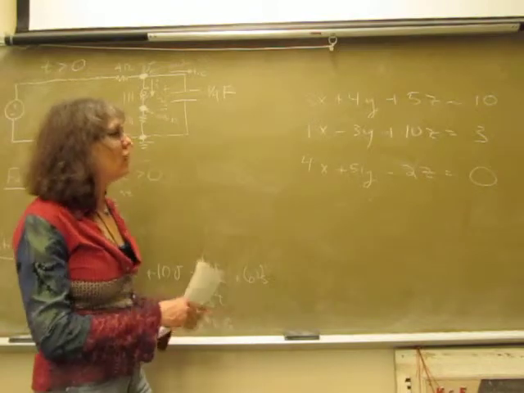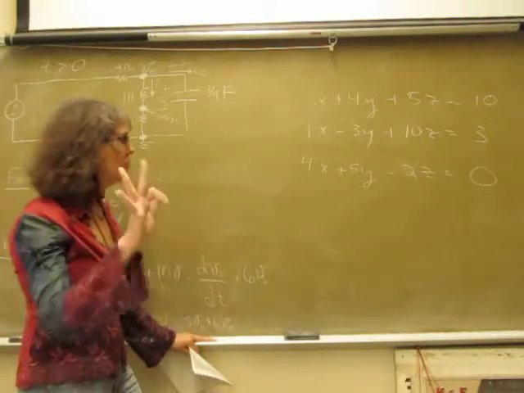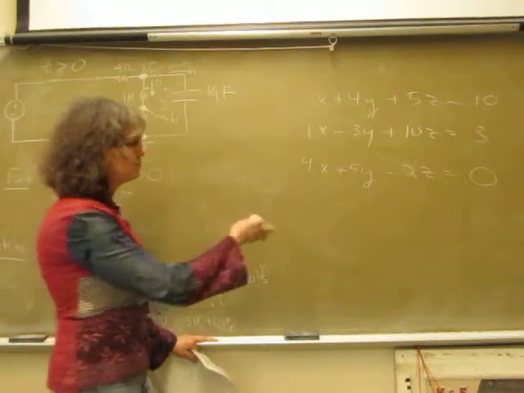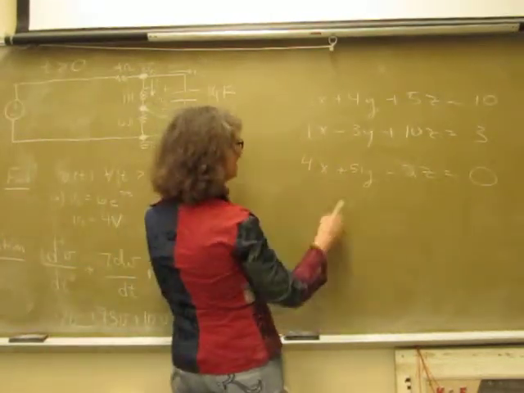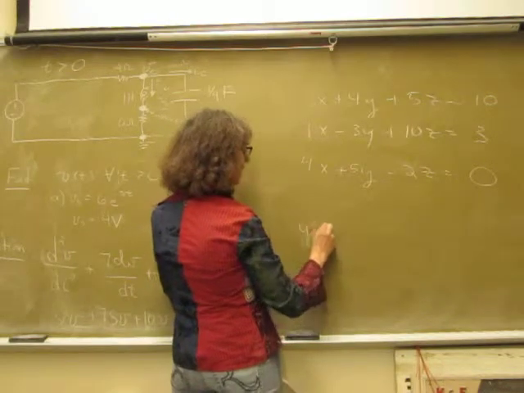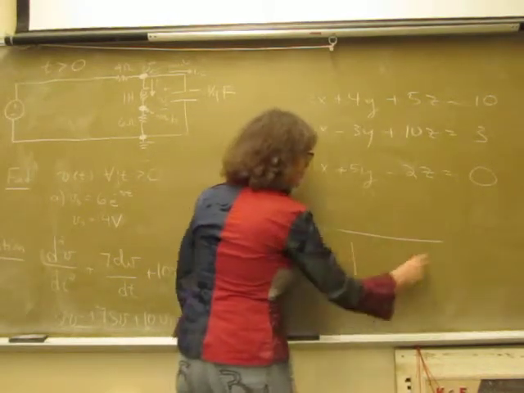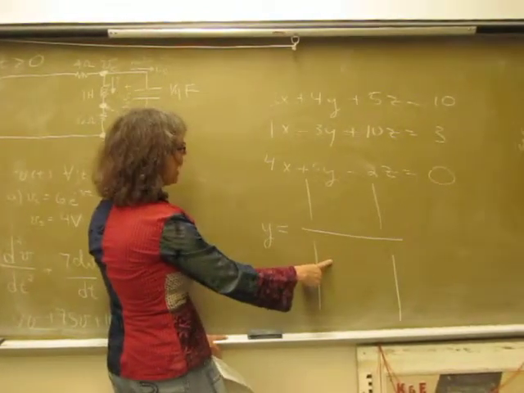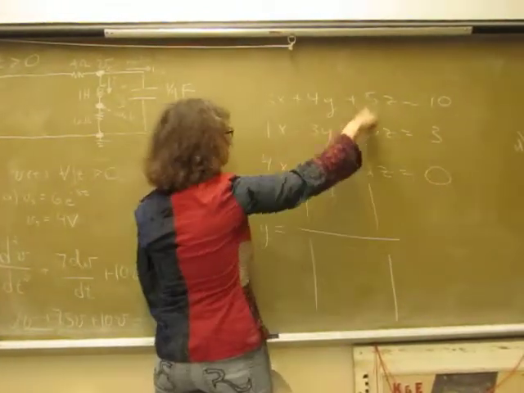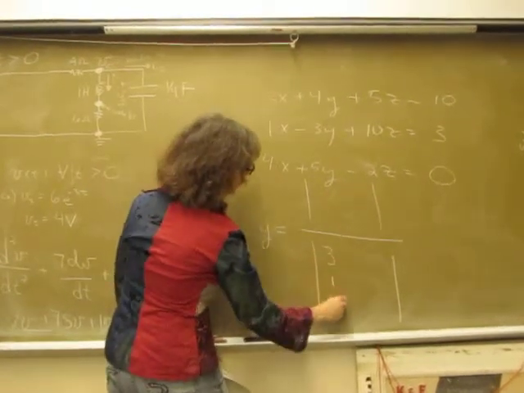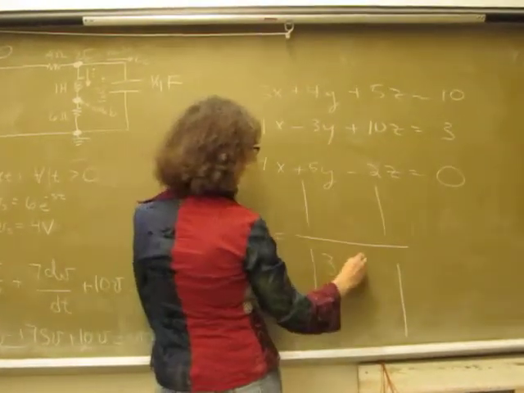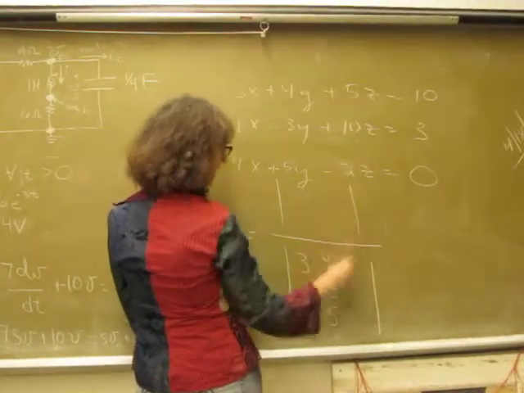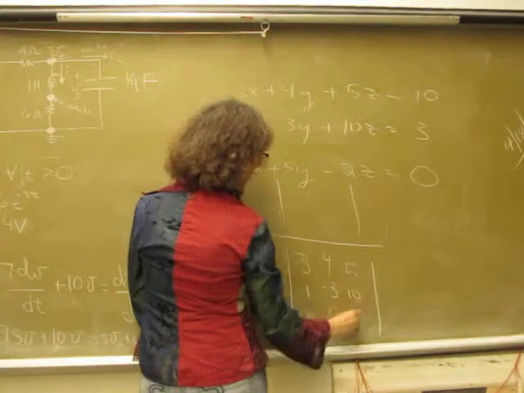And then what Cramer said, which is beautiful, is that you can solve for any one of these unknowns by just picking the one that you want. I'll take y. Let's say I want to solve for y. It's going to be the ratio of 2 determinants. The determinant in the denominator is just going to be the columns here. So it's 3, 1, 4, 4, minus 3, 5, 5, 10, minus 2.